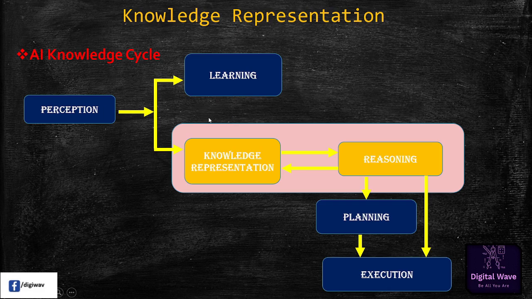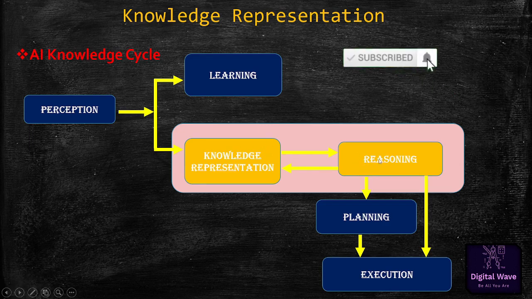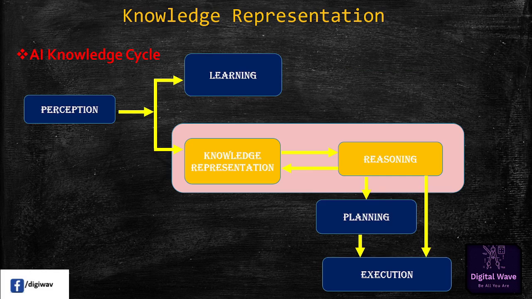In this complete cycle, the main components are knowledge representation and reasoning. These two components are involved in showing intelligence in machines like humans. These two components are independent of each other but also coupled together.